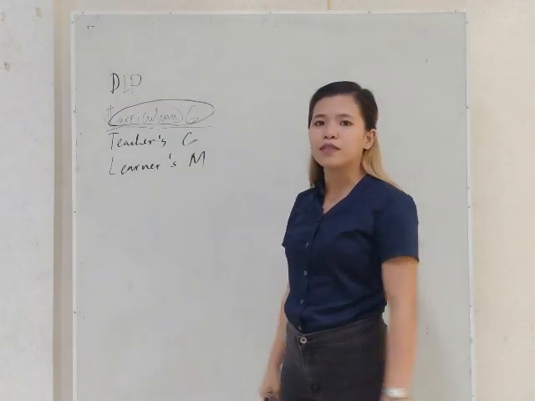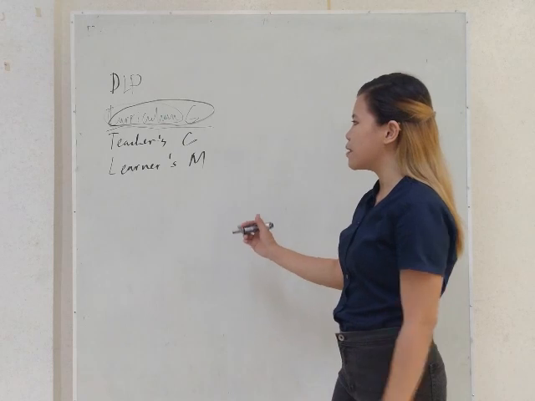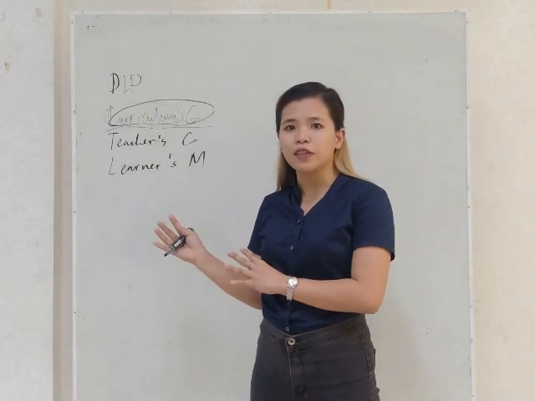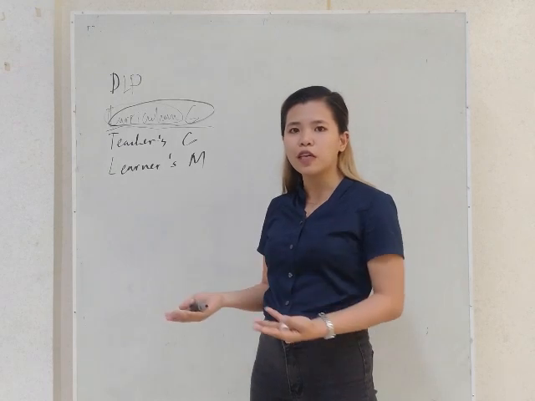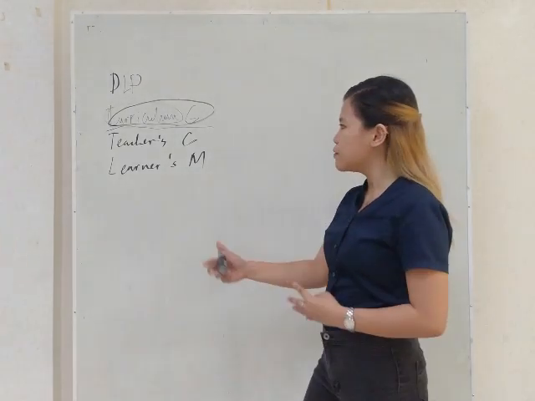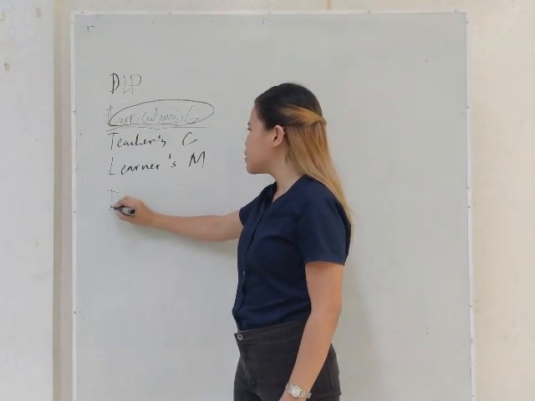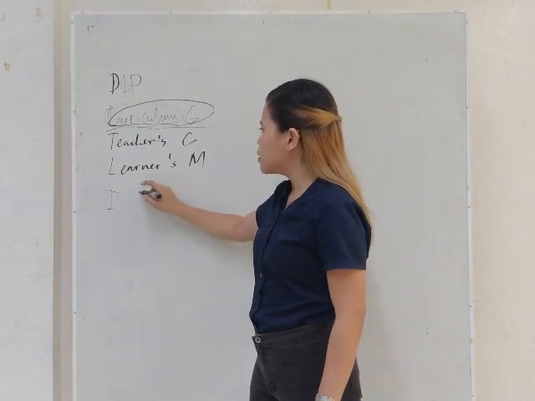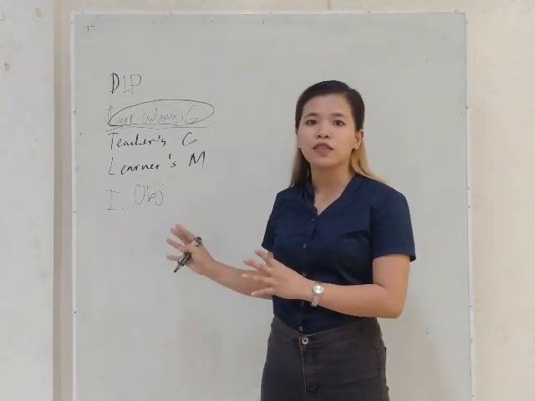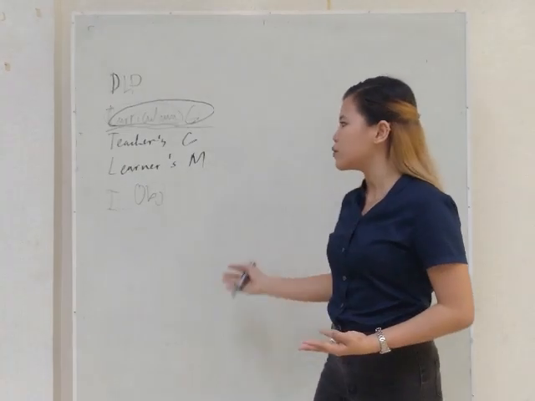So now let's proceed to the format of the lesson plan. It begins, of course, with the indication of the topic, the subject, the teacher, the course, and the date. But aside from that, it begins with your objectives. And this one is very different from the traditional format that we are accustomed to.